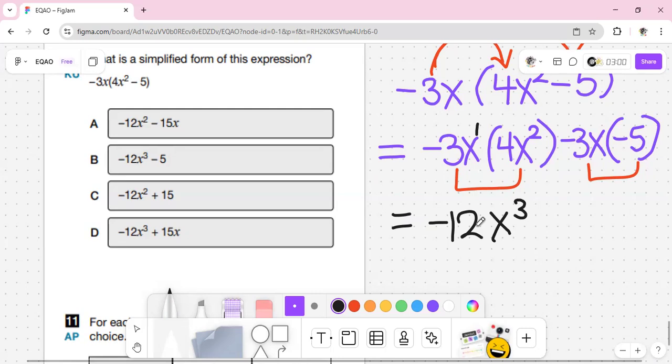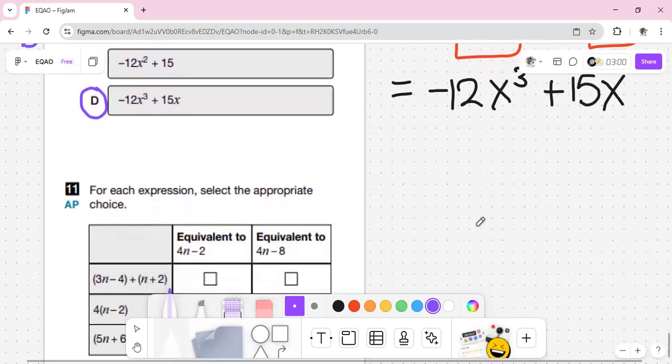For the second part, negative 3 times negative 5 is positive 15, and then I also have an x there. So we can clearly see that the correct answer is going to be D. And we have to incorporate our distributive property knowledge as well as our power rule knowledge.